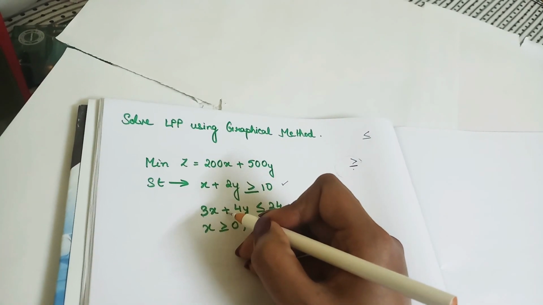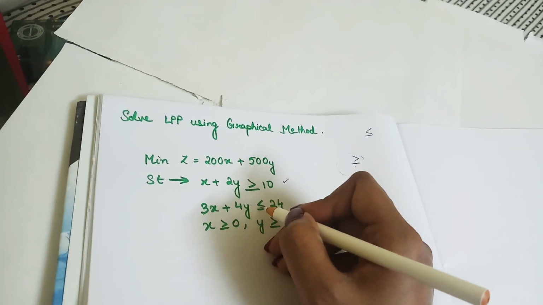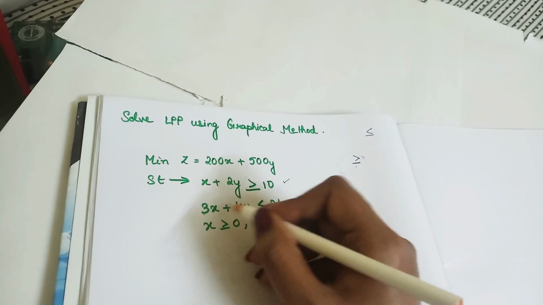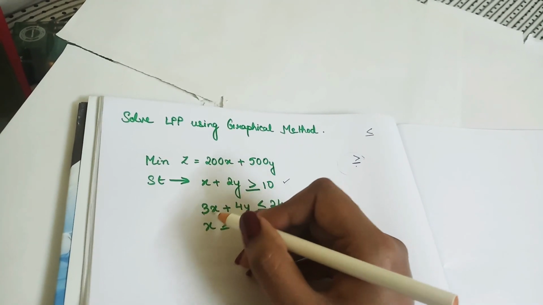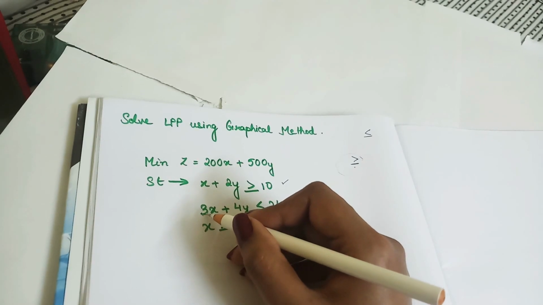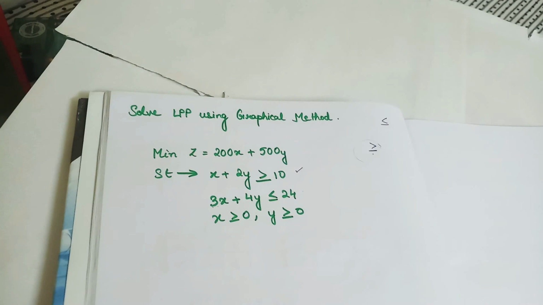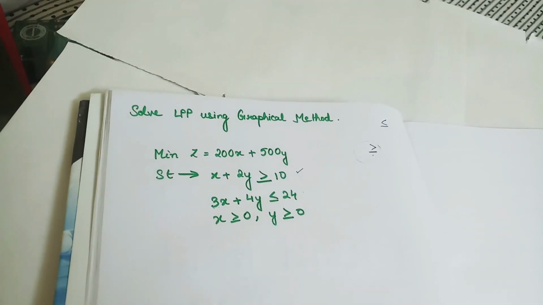Since this is plus, this will be the opposite, so this will be minus 4y, and this will be greater than equal to minus 24. If the question would have been something like minus 3x plus 4y, then to change the sign, this would have been plus 3x minus 4y greater than equal to minus 24. So let's do that.